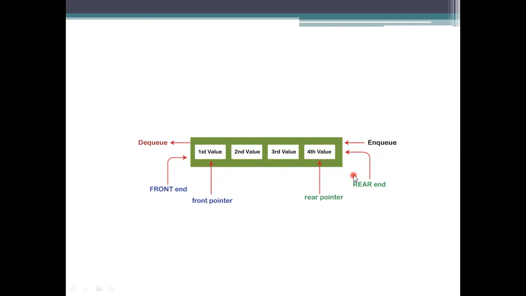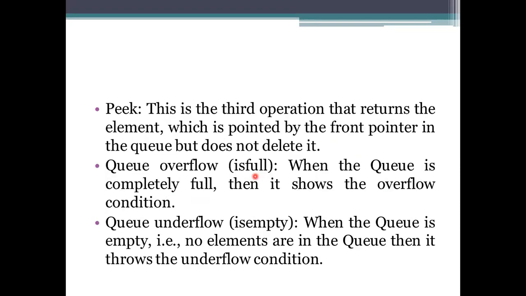For entering, the rear end will be specified as the entering one, and for deletion we are using the front end. Whether you are inserting a single element or multiple elements, the last element will be pointed to by the rear pointer.